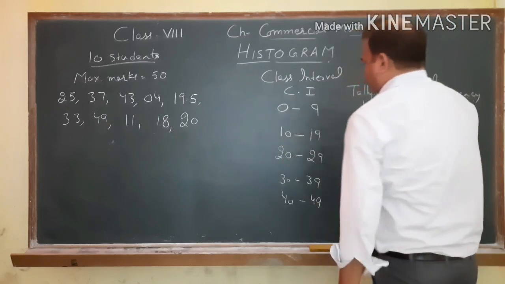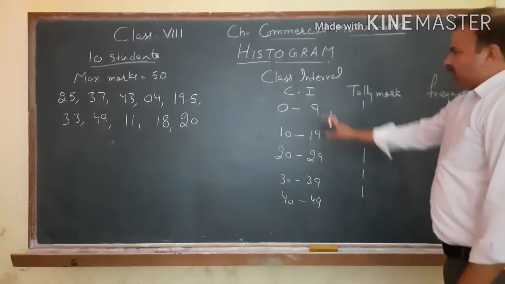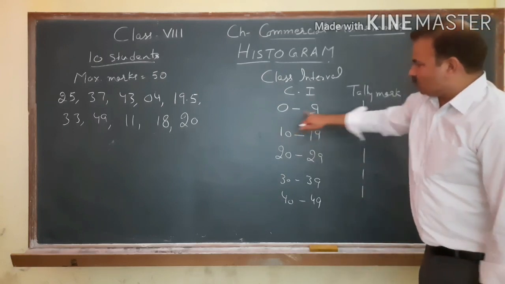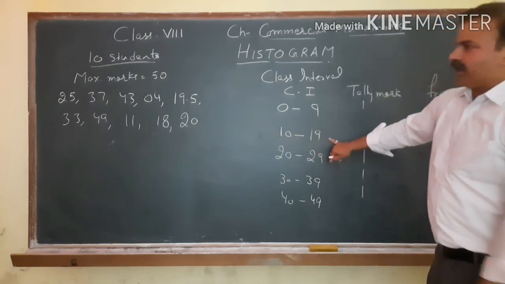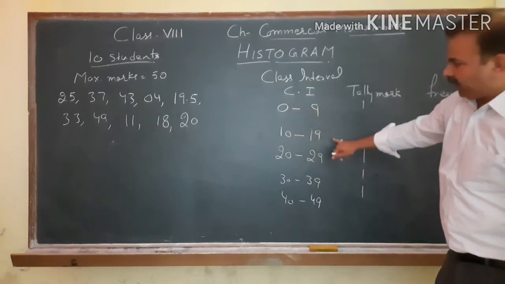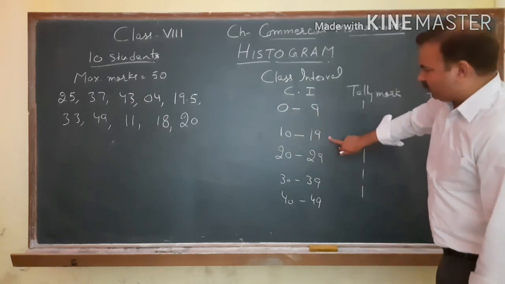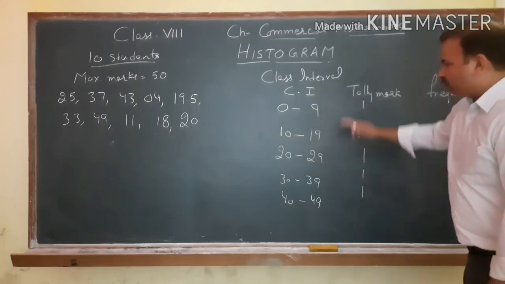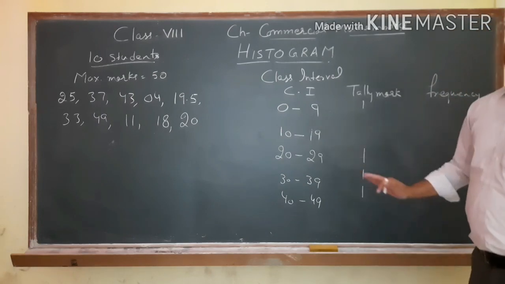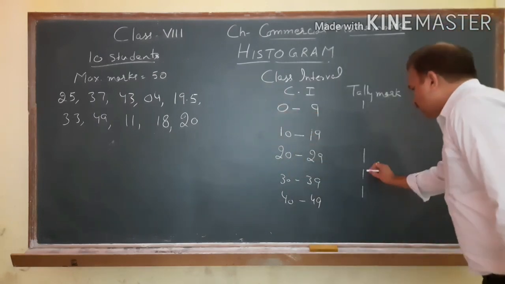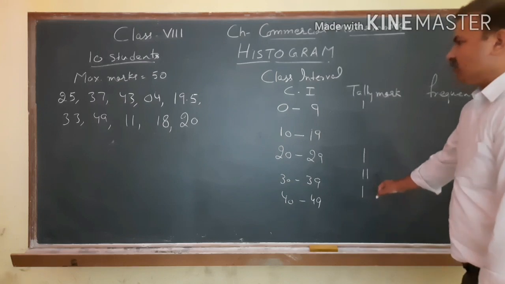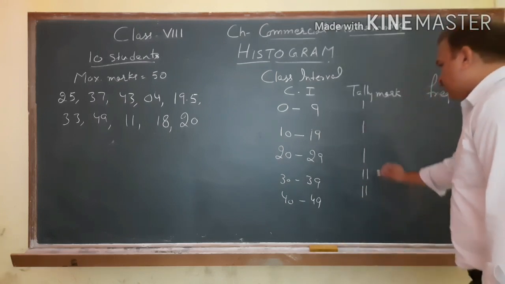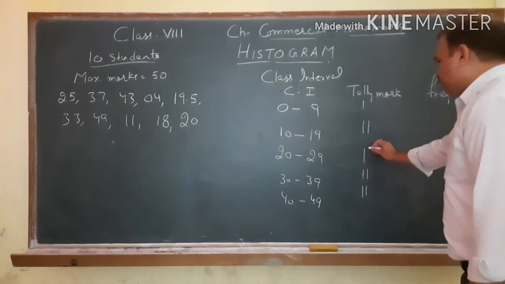Next is 19.5. Now, the way I have written the class interval, this is 0 to 9, 10 to 19. The student who has scored 19.5, or in decimal 9.5 or 29.5, we are unable to put that value. All the other values we can put. Suppose for 33, again this one between 30 to 39, for 49, this 11 we can write here, 18 we can write the same, the 20 we can write here.